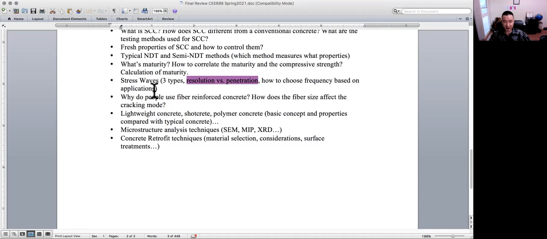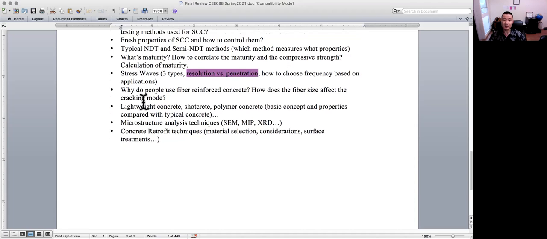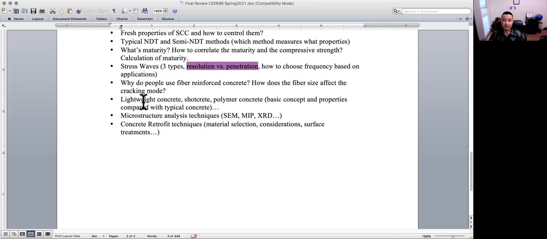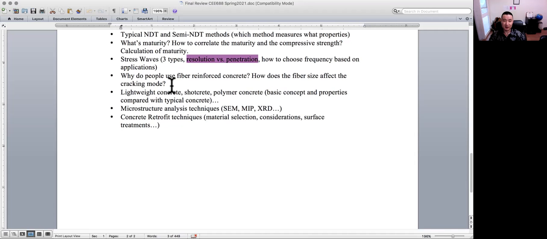And for the other type of high performance concrete, we talked about fiber reinforced concrete, and how the volume fraction, the length of the fiber, and the diameter of the fiber affect the fracture behavior of concrete. This is another important part.